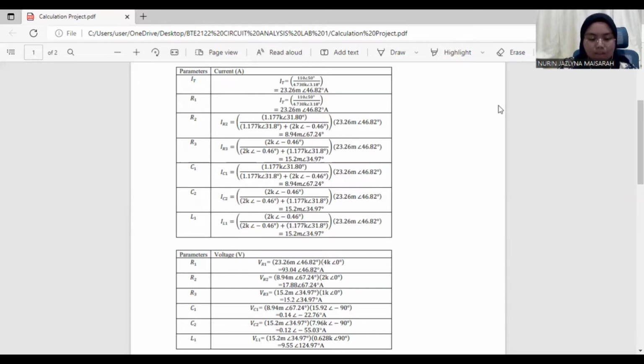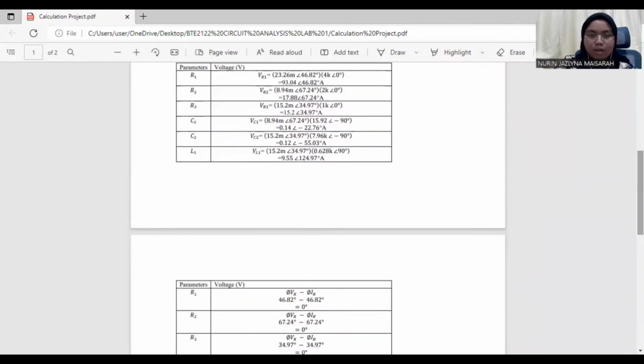After doing the calculation for current, we can now do the calculation for voltage. To calculate it, we use the Ohm's law formula. As you can see here, this is the total current that we got before for R1, and we multiply it by the impedance that we got in the first step.